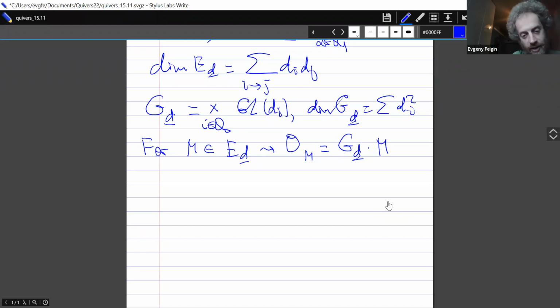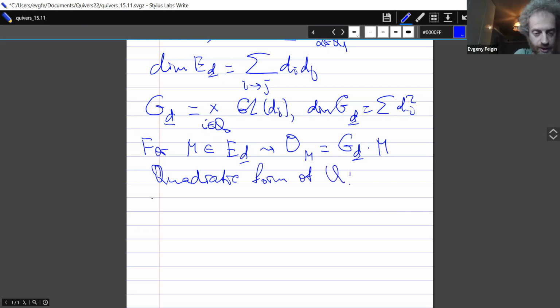So we've also defined the quadratic form of the quiver Q. By definition, we take x in Z^{Q_0}. Maybe, sorry, Q is a bad notation.